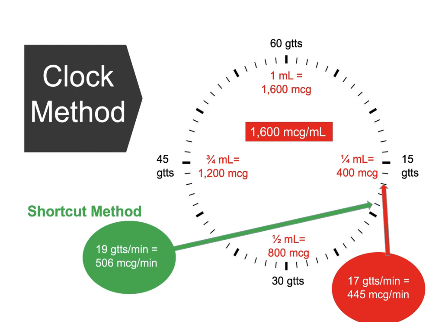I'll suggest that you can use this for a couple of reasons, or a couple approaches. One is, this is a quick, easy, down and dirty way to get in the right ballpark for the number of drops that are going to correspond to that. And keep in mind, this drip calculation, counting drops, is not a terribly precise way to deliver medication anyway. The other thing is, it's a nice way to double check your math.